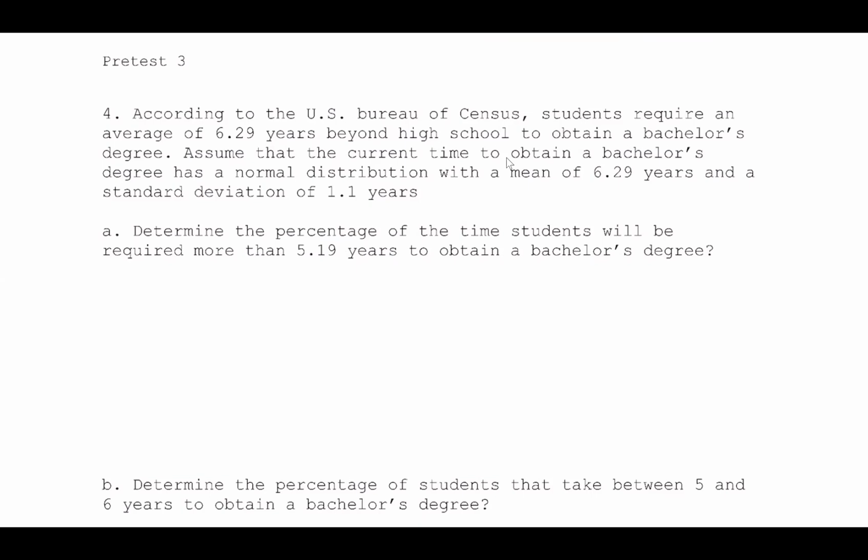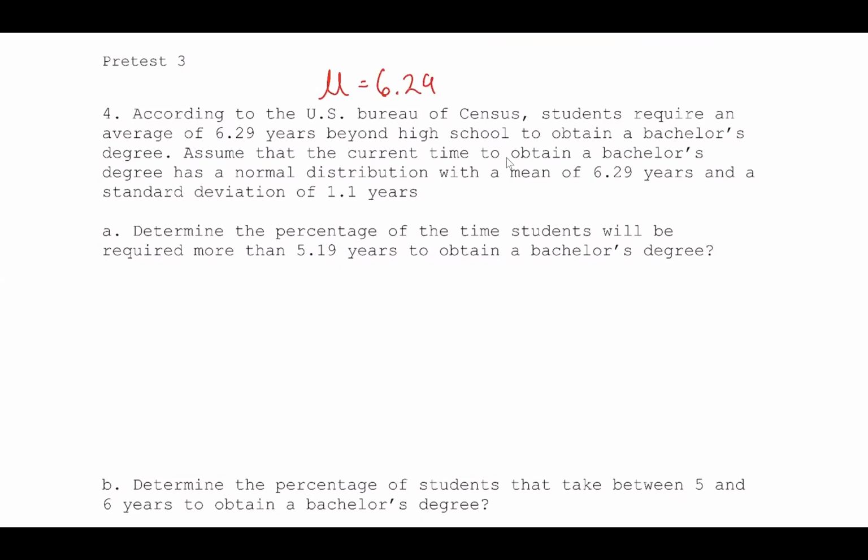Okay, so first, before we go on and look at the problem, let's look at what 6.29 and what 1.1 represent. So what does the 6.29 represent? Population mean? Perfect. So this represents the population mean. Because remember, for this one, they don't tell us they took a survey of like 20, 30, 40. They're telling you this is the mean for how long it takes after high school to get a bachelor degree.